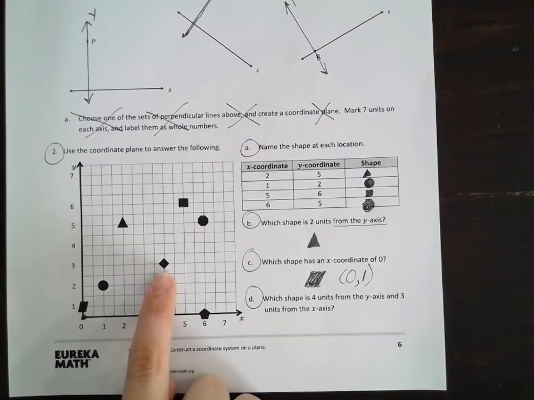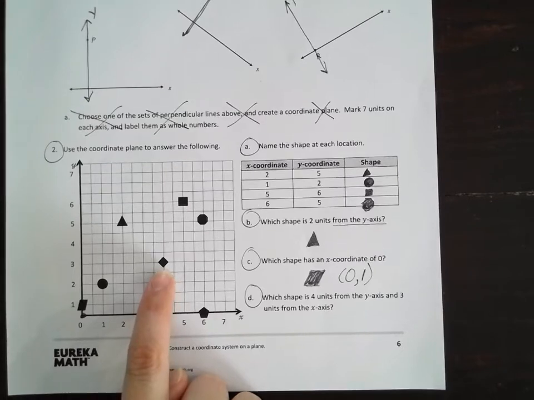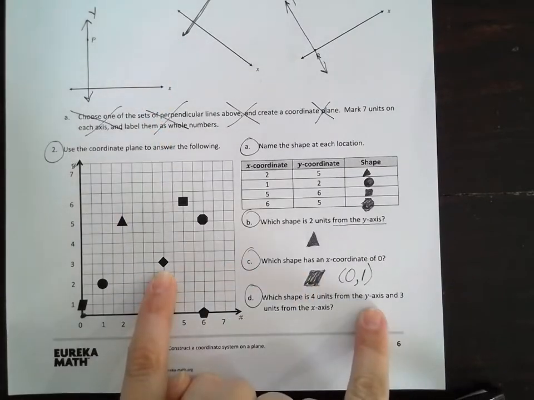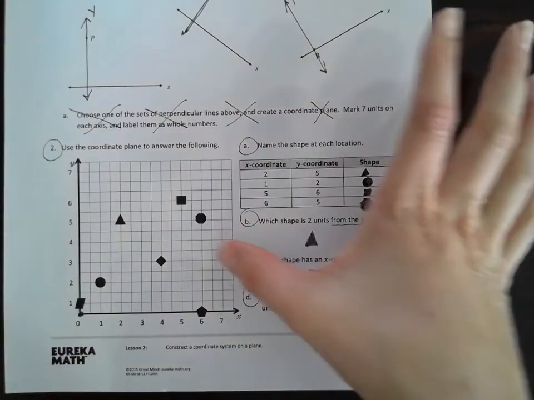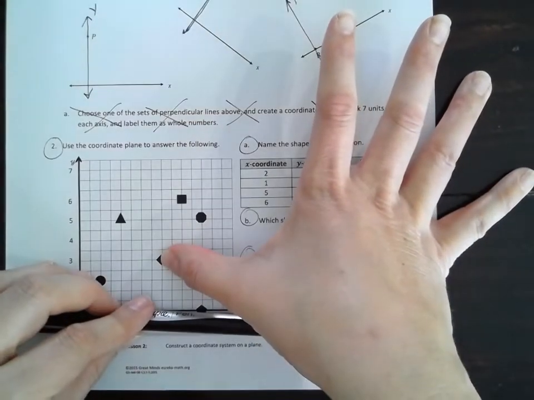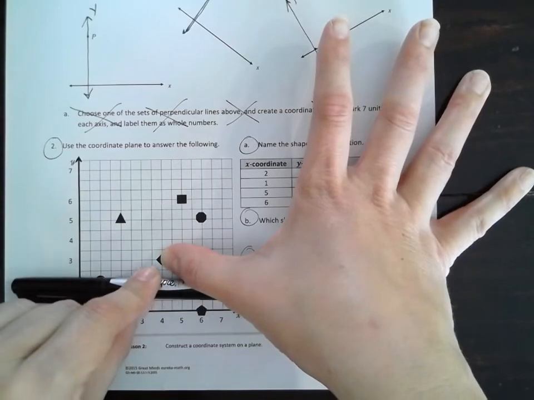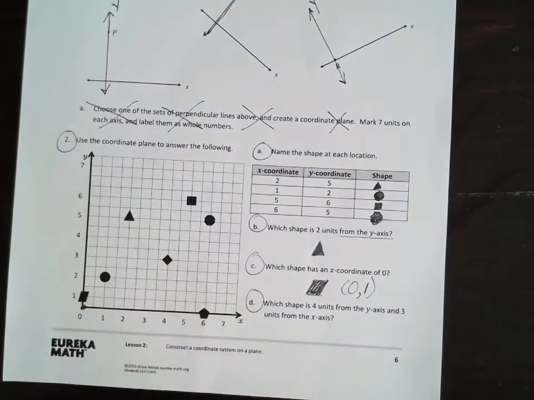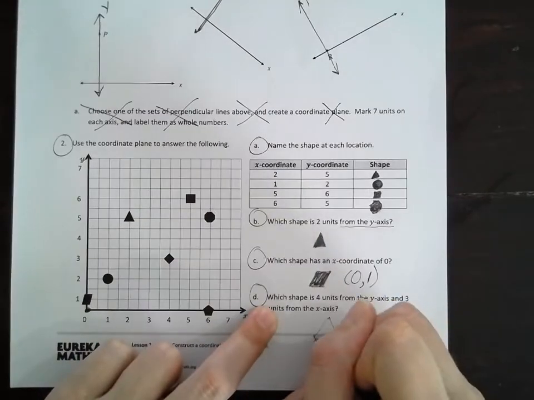It's actually a square, but that is what they're calling a diamond. So the diamond. So right there, and then we're going to make sure it's 3 units from the X. So again, we're going to lay on the X and go up 3 whole units using that number over there. So we end up at the same one, and that is the diamond.